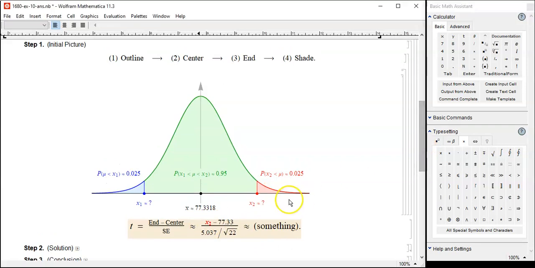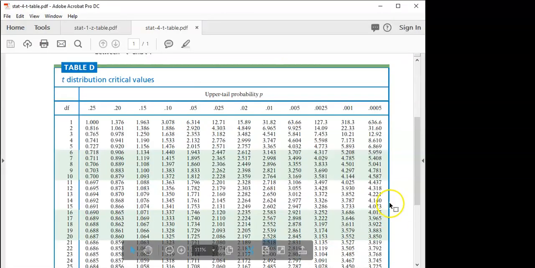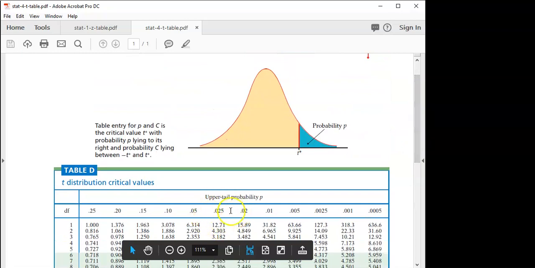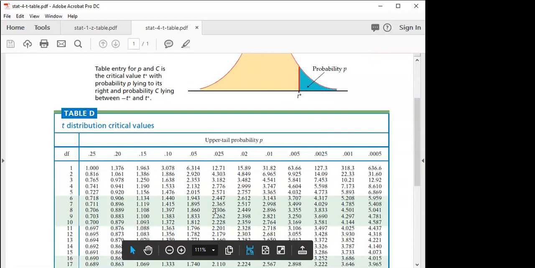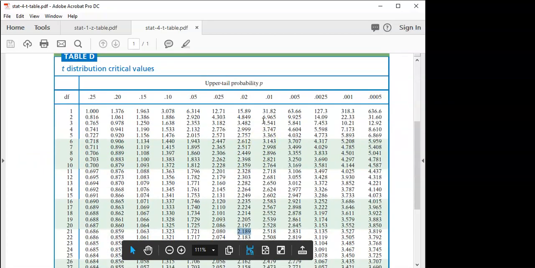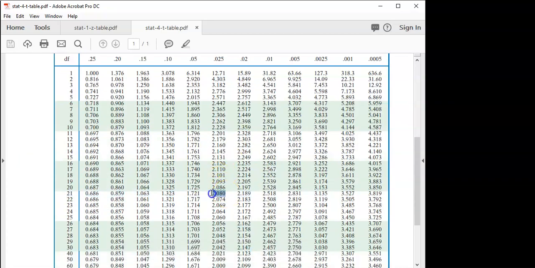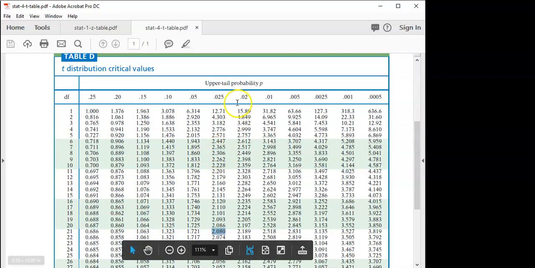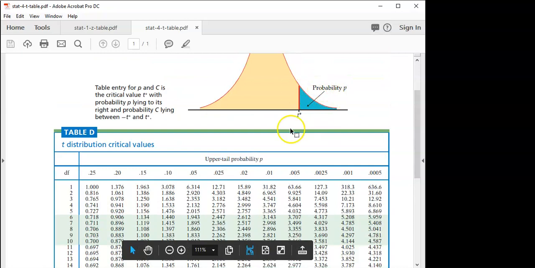Let's go to the table here. We have 2.5% here in the right-hand side. So from this table here, I want 2.5%, 0.025, this column, and then the degree of freedom is 21. Sample size is 22, so 22 minus 1, we have degree of freedom of 21, and 0.025, 2.5% in the right-hand side.